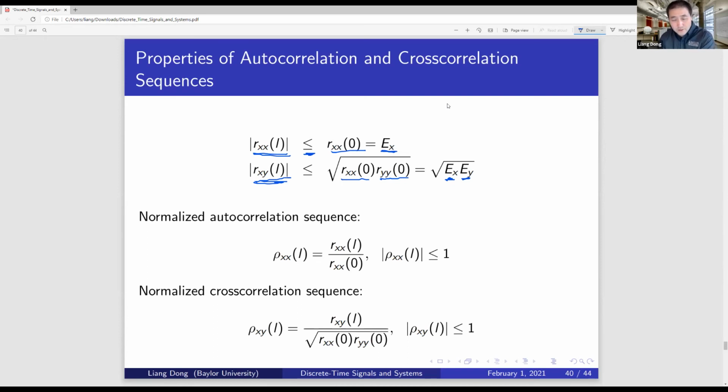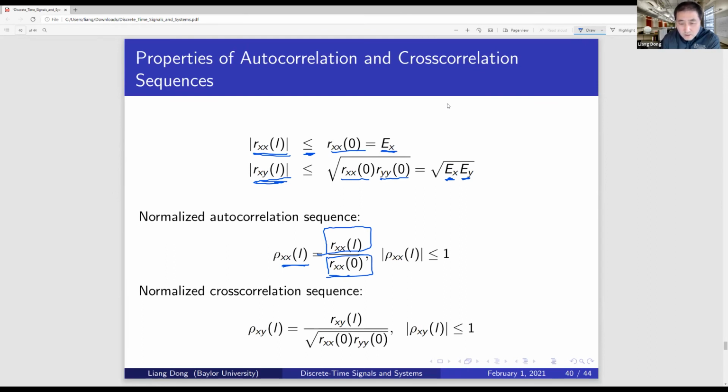Using these two inequalities, we define the normalized autocorrelation and the normalized cross correlation. Normalized simply means we take the autocorrelation divided by the maximum value it can take, which is the energy of the signal. This is still the autocorrelation, but normalized such that its absolute value is less than or equal to 1.